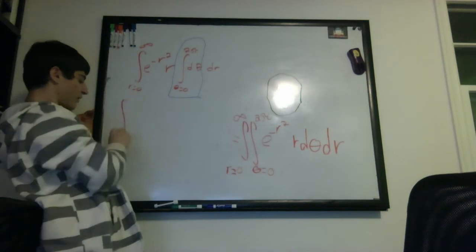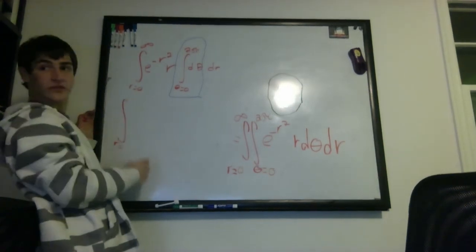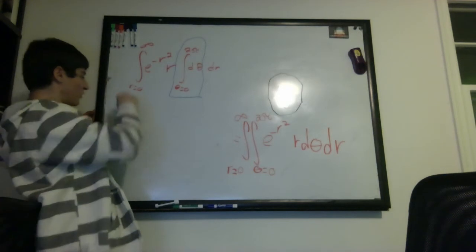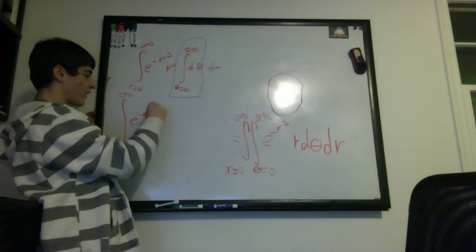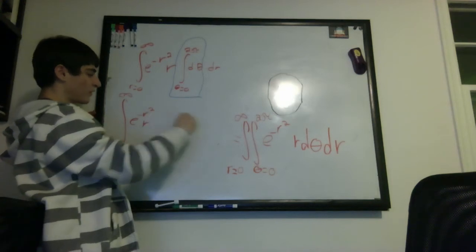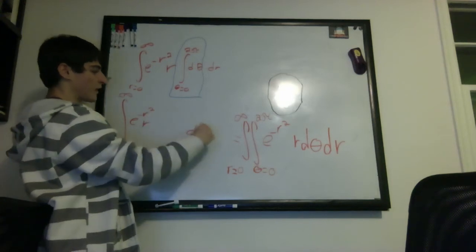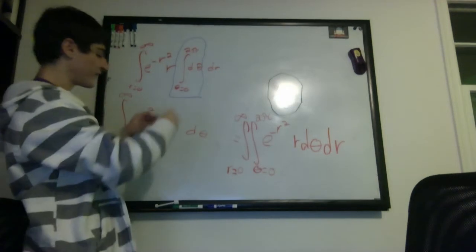So the outside part is the integral from r equals 0 to infinity of e to the minus r squared, r, and then d theta. And what is that going to be? That inside integral, I'm going to do that in blue over here.